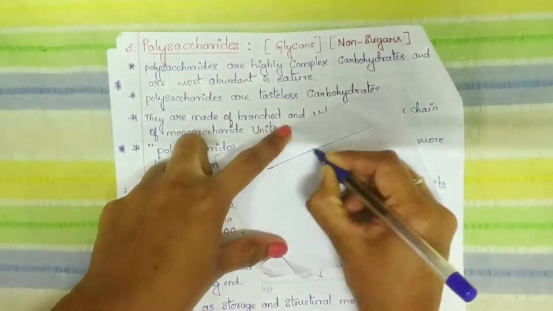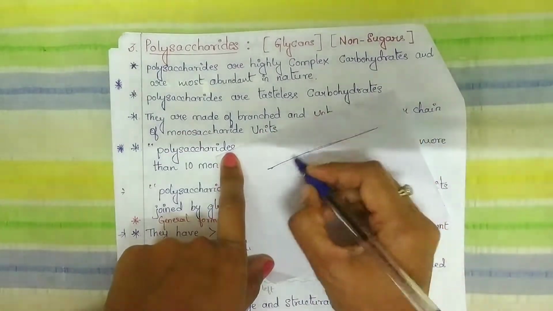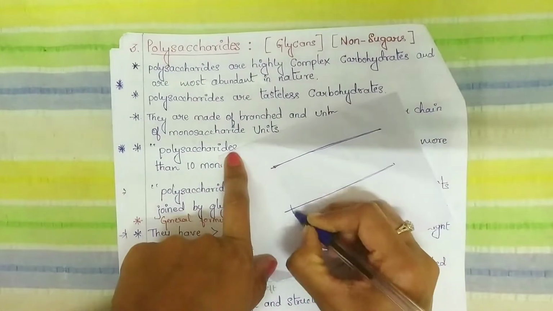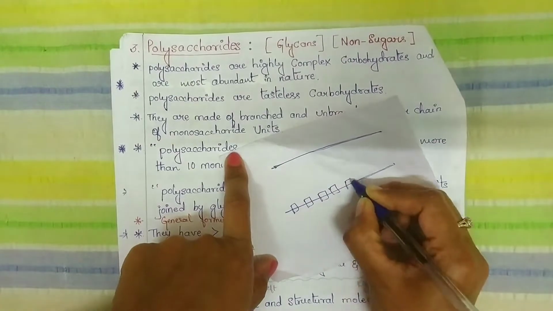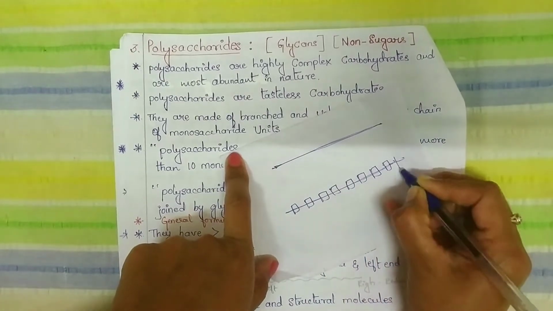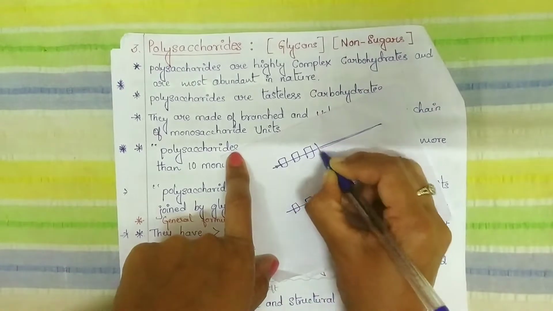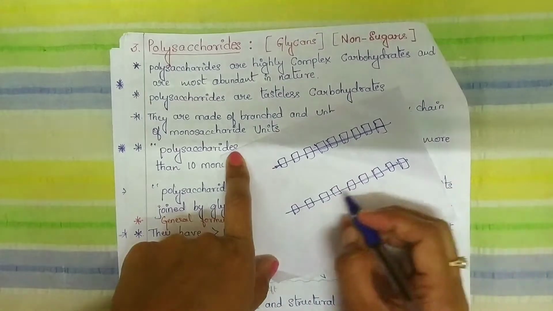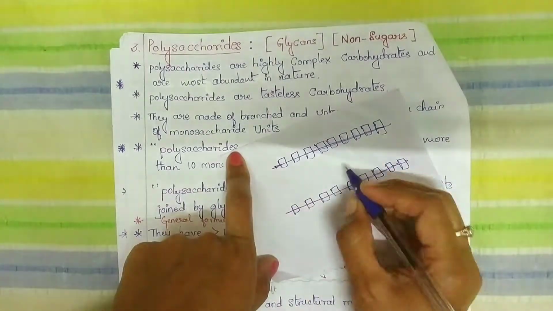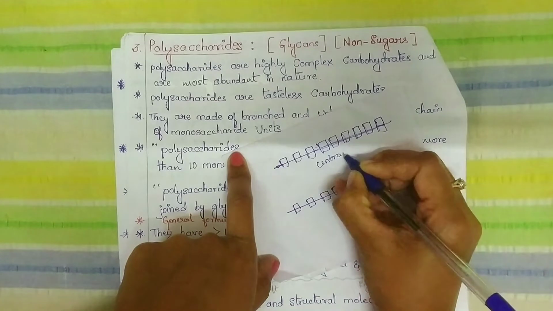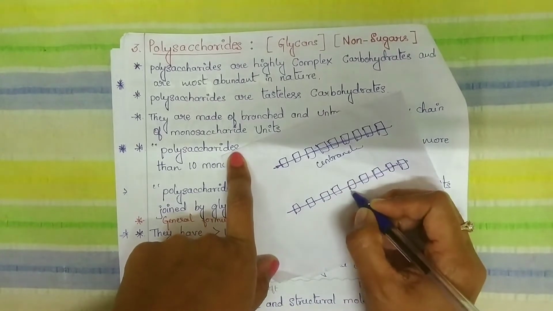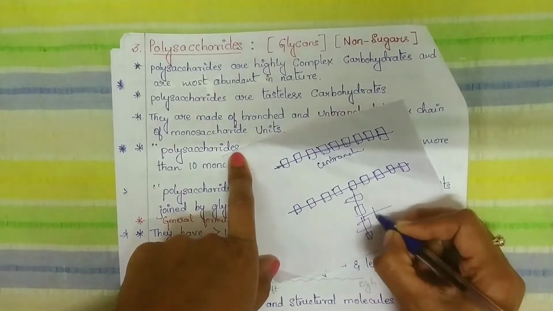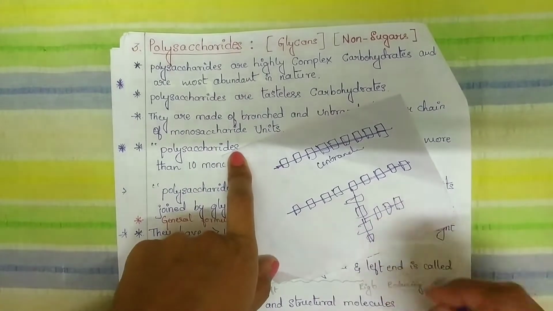If you think this is the polysaccharide and these are the monomeric units, these will be more than 100, up to 5000. And this is unbranched, it doesn't have any branches. If you take one from here, you are going to find another chain like this. Branches like this will be present, so this becomes the branched polysaccharide.